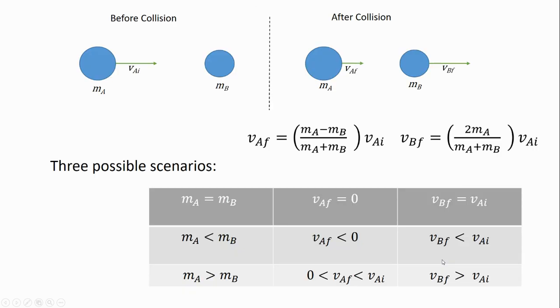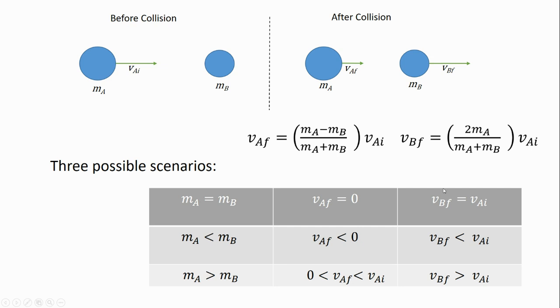So those are our two equations, and what they show us is what could happen in three possible scenarios. When the two masses are equal, notice when MA equals MB, MA minus MB becomes 0. So that means the final velocity of object A is 0. So when it slams into object B, it just stops.